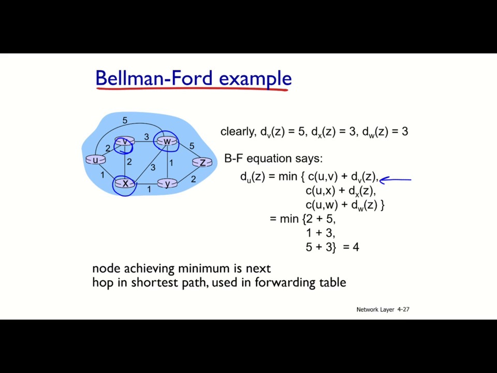The distances of z from the neighbors of u should be added to the cost of the link that connects the neighbors to u, and then you have to get the minimum between these three values. At the end, the cost would be equal to 4, which is true, and shows the shortest path between u and z. As you see, this is the shortest path between u and z: 1 plus 1 plus 1 plus 1 plus 2 is equal to 4.